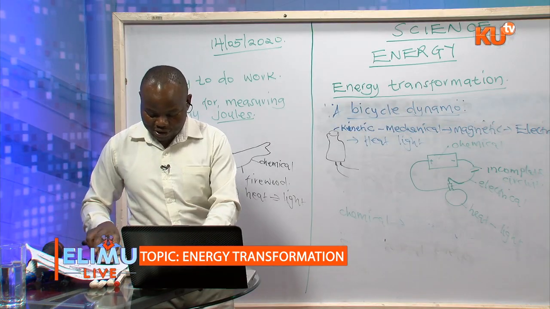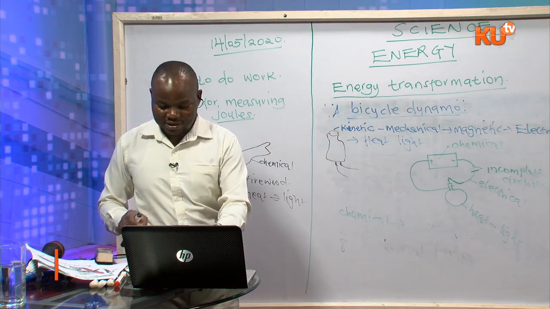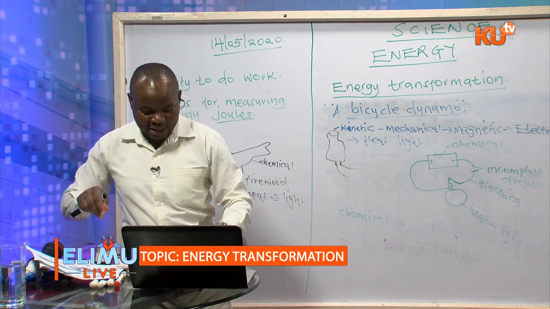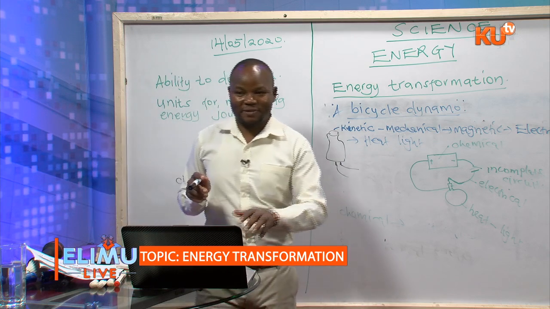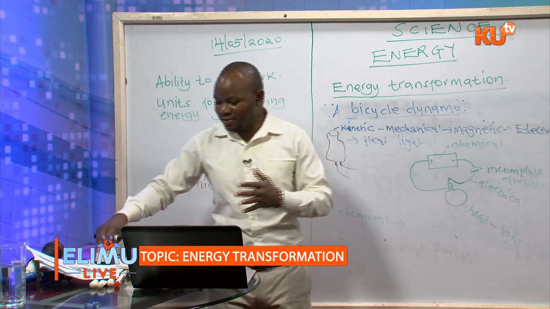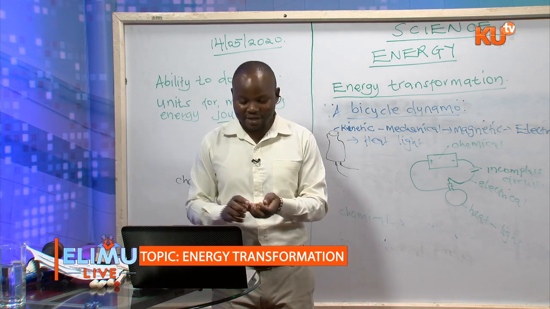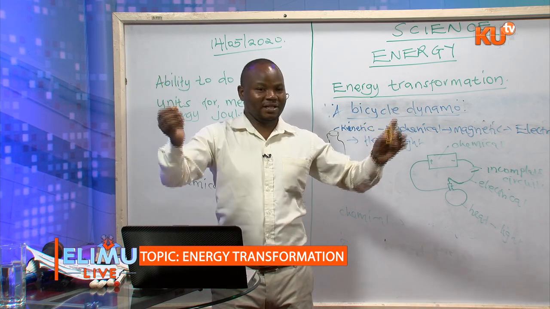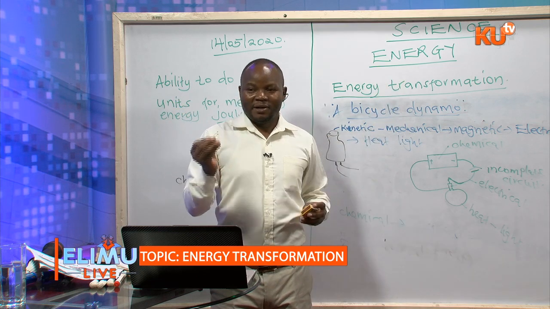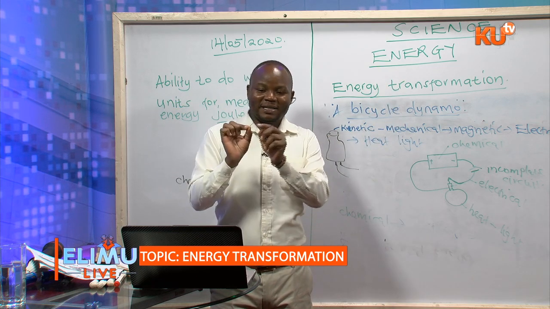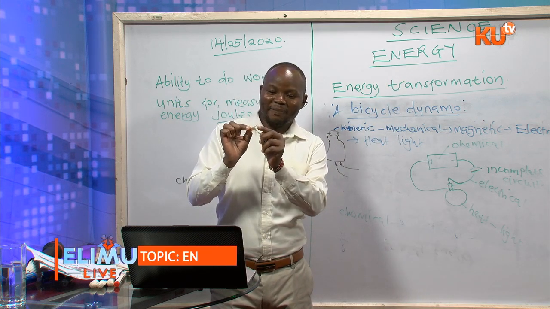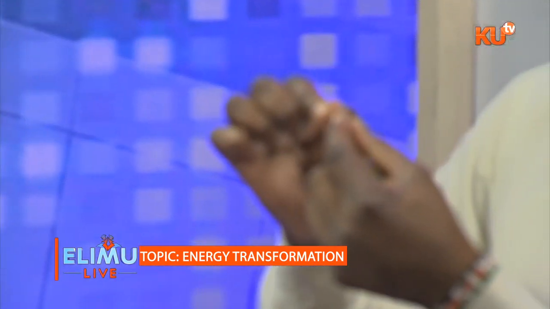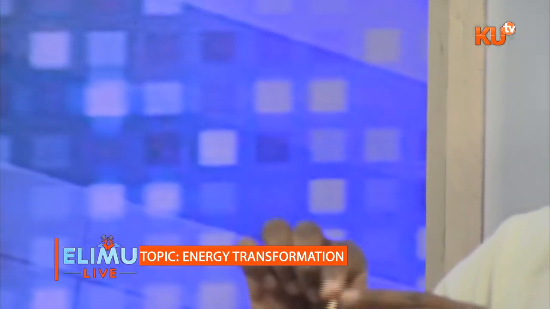Then I want to take you through another example. When you strike a matchbox, let me demonstrate. These are the sticks, this is the matchbox. This one has the dark part on the other end. That part is chemical. It has chemical energy, and so does the wood.